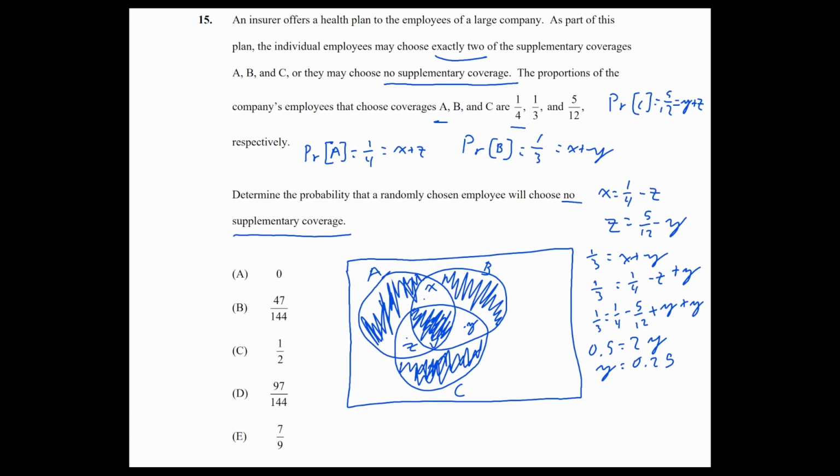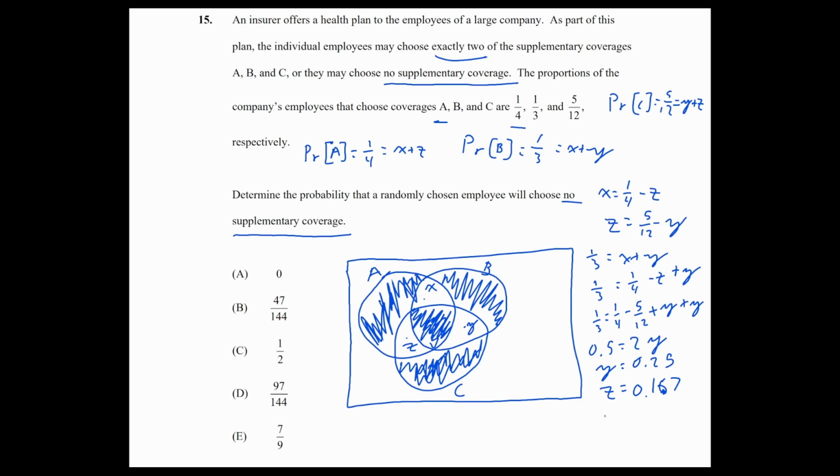Okay, so now we have Y here. So let's calculate what Z is going to equal. Z is going to equal 5/12 minus 0.25, and that's going to be 0.167.